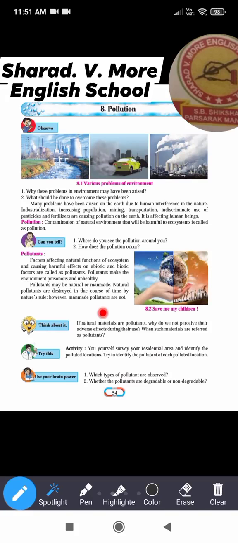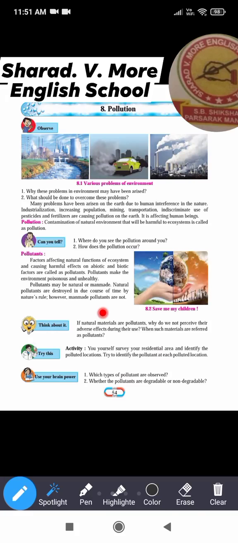Like the spreading of a huge amount of spores of harmful fungus and other microscopic plants are also pollutants. So these are the natural pollutants, and man-made pollutants are the garbage created by human beings through different activities.